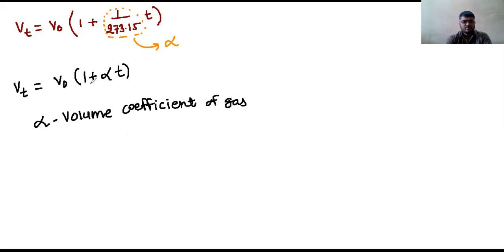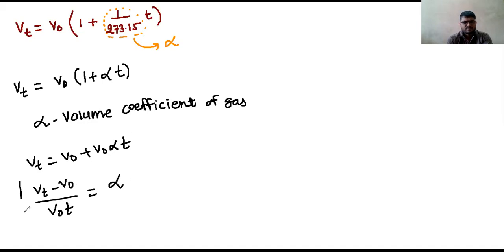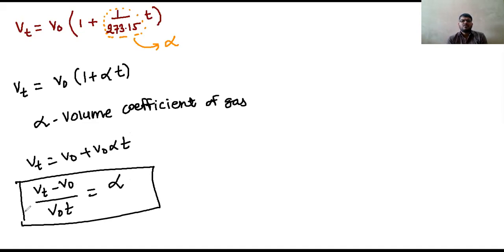Now, if you find the formula from this, you see here Vt is equal to V0 plus V0 alpha T, and therefore Vt minus V0 divided by V0 T is equal to alpha. And alpha can I write like this?